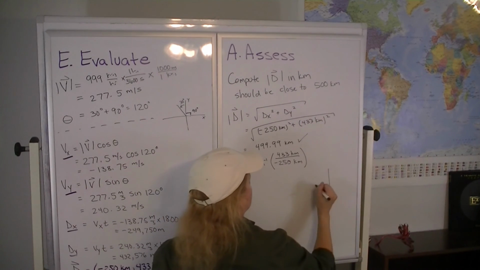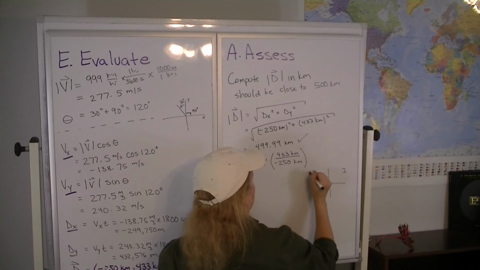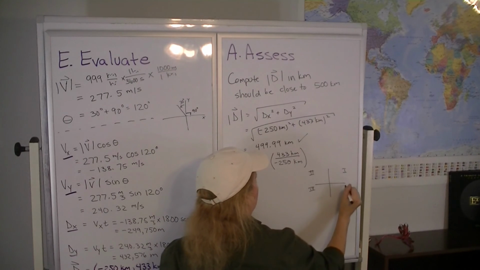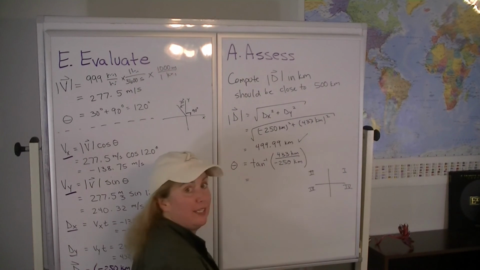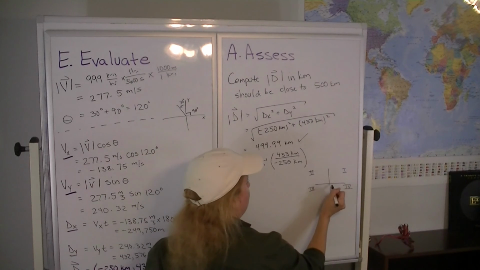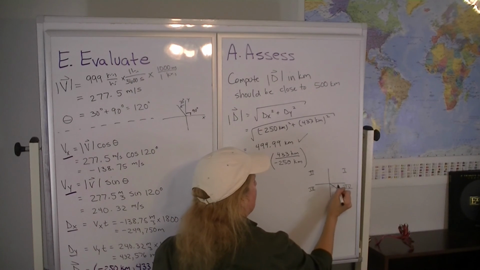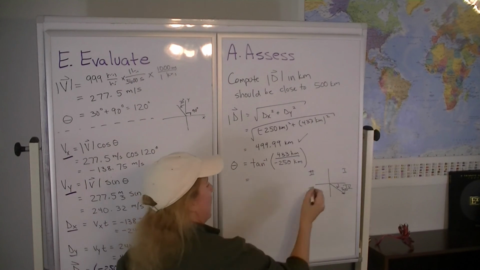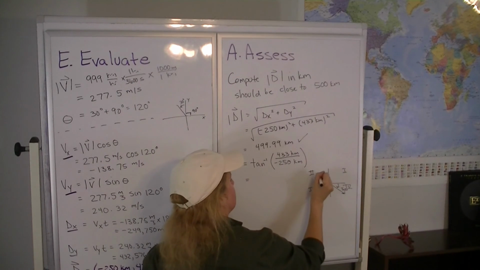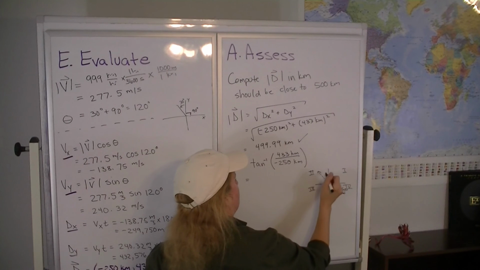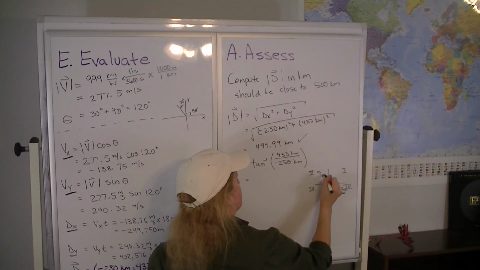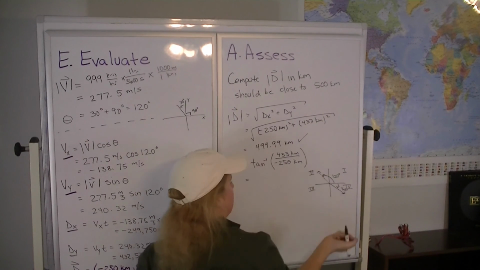You might get an answer in quadrant 1, 2, 3, 4, not all for this problem, but in a given problem. And so here, if you put it in your calculator, you're likely to get an answer of minus 60 degrees, but we know that we can add 180 degrees to that, and that indeed gives us the 120 degrees.